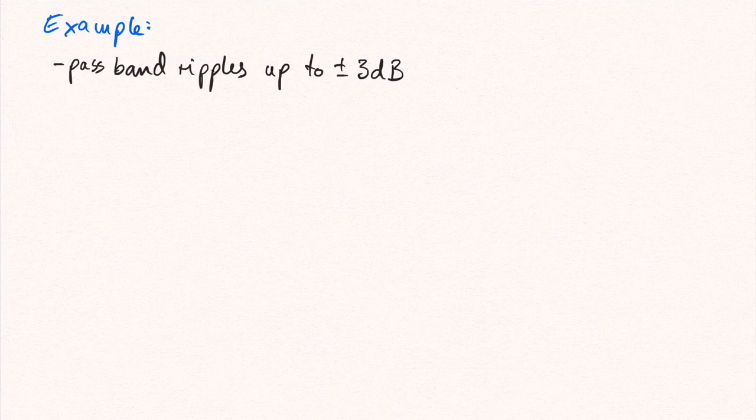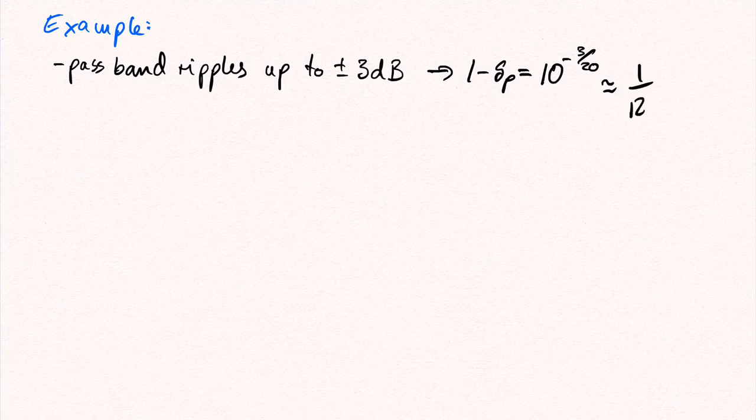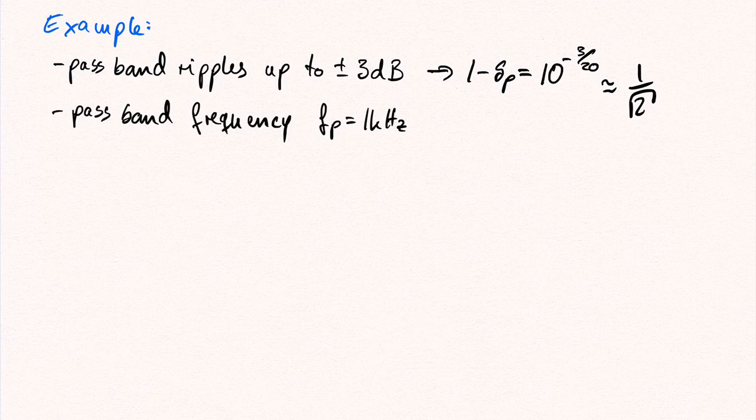Let's consider a simple example. Assume that we want to design a low-pass filter where the passband ripples are allowed to be up to plus minus 3 dB, which means that 1 minus delta p is equal to minus 3 dB, which in real numbers is equal to 10 to the power of minus 3 divided by 20. This is approximately 1 divided by the square root of 2. The passband frequency is to be fp equals 1 kHz.